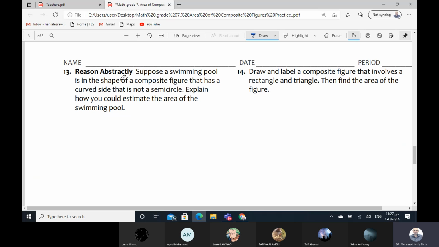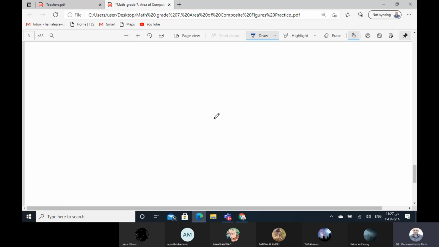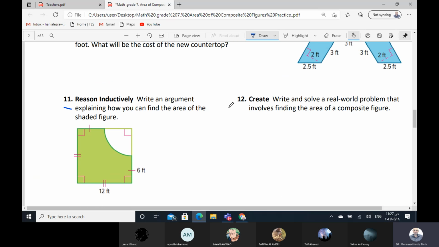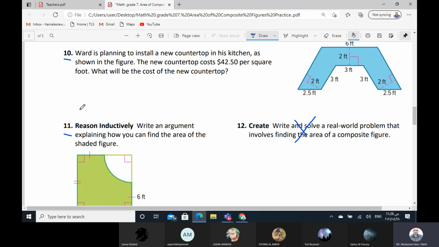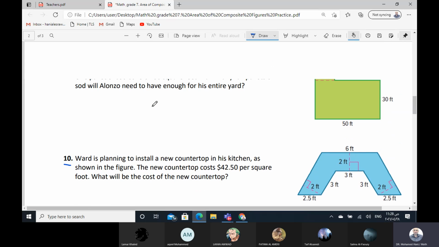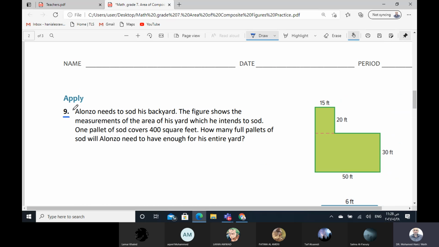Number 12, 13 and 14, no need, no problem. Number 11, number 10, number 9, it's up to you if you want to solve it or not.